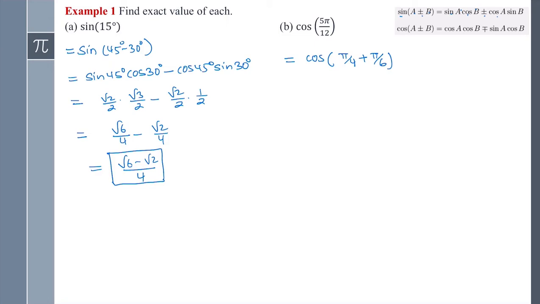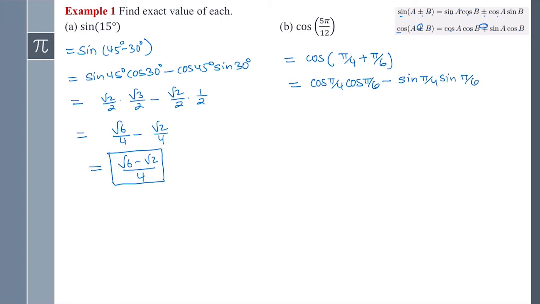Now this is cosine A plus B. If we have cosine A plus B, it is cosine A cosine B minus sine A sine B. So we use that identity here. It is cosine A cosine B minus sine A sine B.